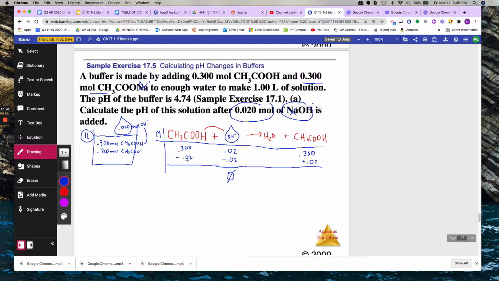Oh, I'm sorry, this should be COO minus, because this took that H, now it's a minus. Okay, so in the end you have less of this because you used it up. 0.300 minus 0.02 is 0.298. Now you have more of this, 0.302.